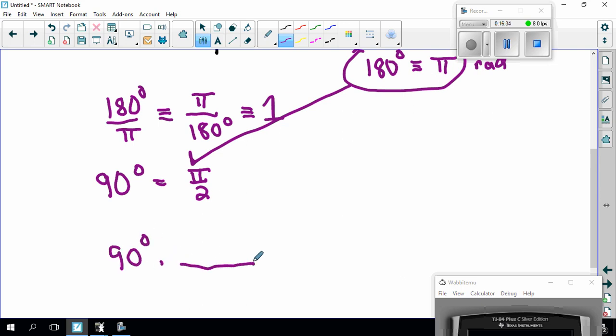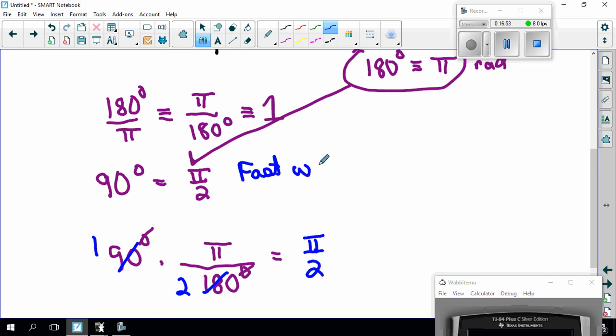I'd like to get rid of degrees, so put the 180 degrees on the bottom, and that's pi. So 90 over 180 is 1/2. I get pi over 2. This is the fast way. This way works every time.